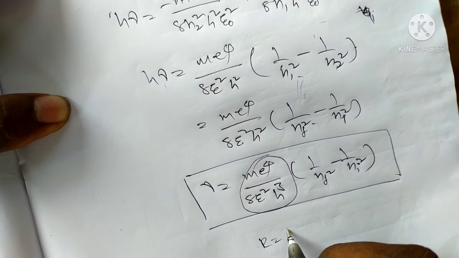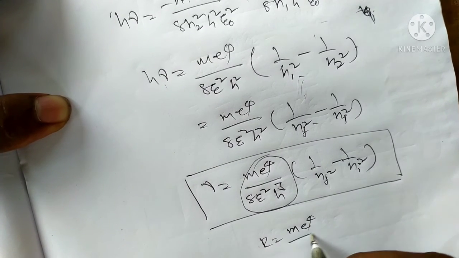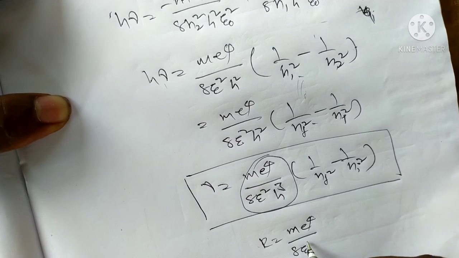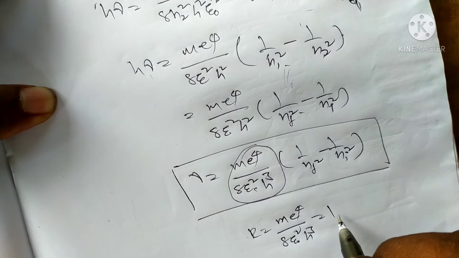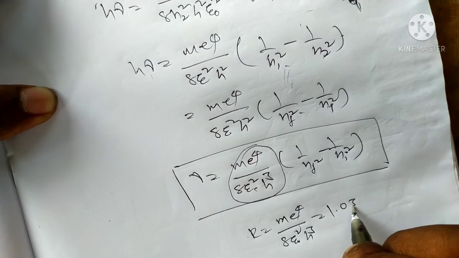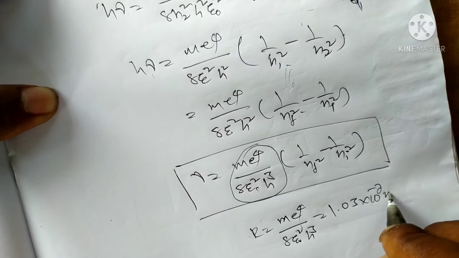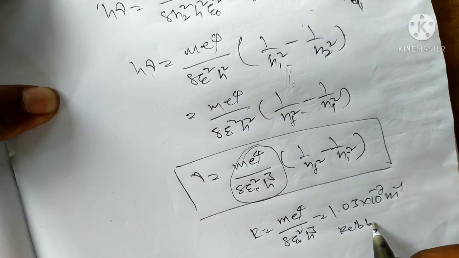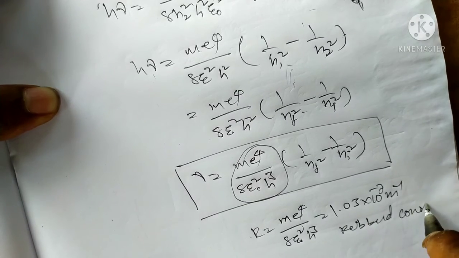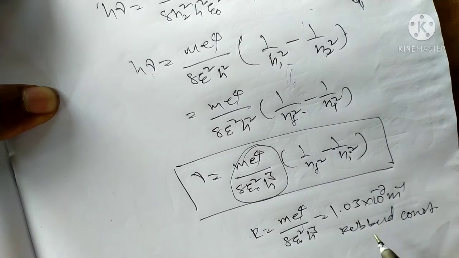R is equal to m e to the power of 4 by 8 epsilon naught square h cube, which is the Rydberg constant. Its value is 1.03 into 10 to the power of 7 meter inverse. That is the Rydberg constant R value.